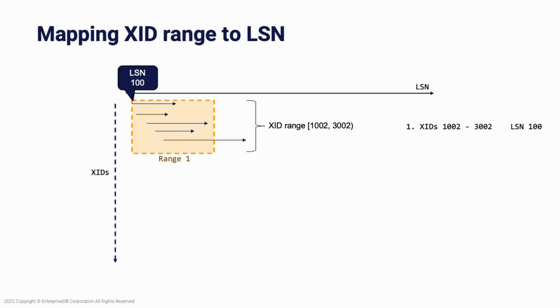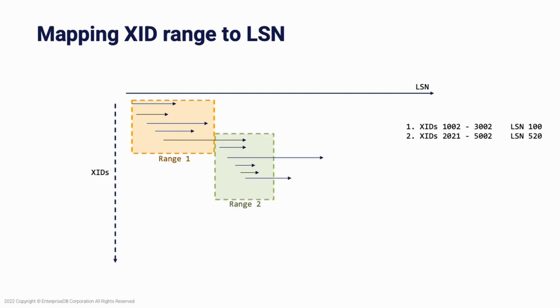What this idea does is create a range of XIDs and remember the LSN where the range started. In this example, we started the first range at LSN 100, and the range of XID is from XID 1002 to 3002. A new range is created whenever we reach the end of the current range.